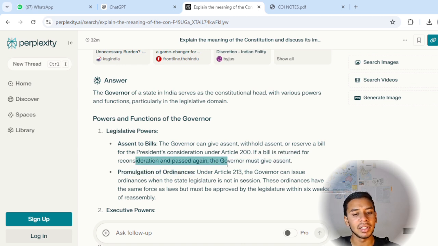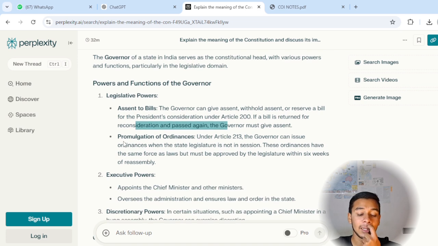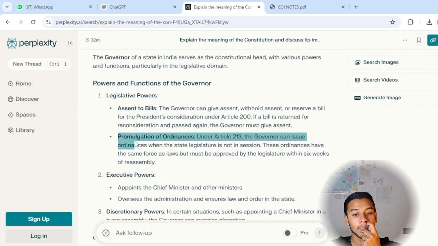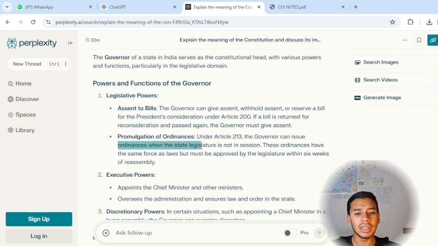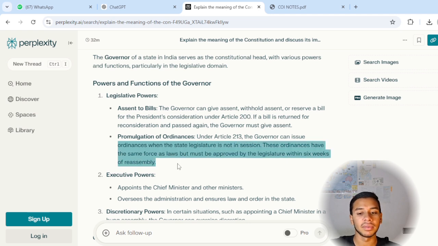If a bill is returned for reconsideration and passed again, the governor must give assent. The second one would be promulgation of ordinances. Under Article 213, the governor can issue ordinances when the state legislature is not in session. The ordinances have the same force as laws but must be approved by the legislature within 6 weeks of reassembly.